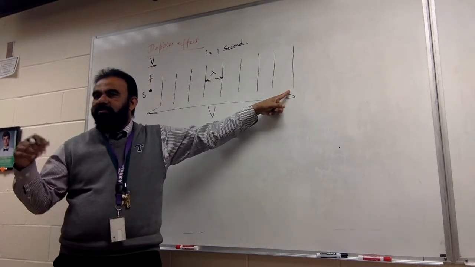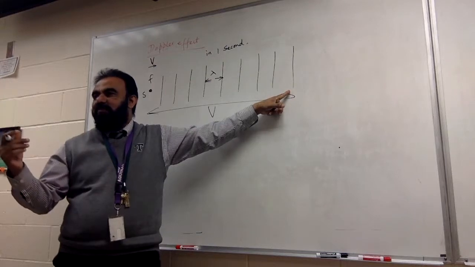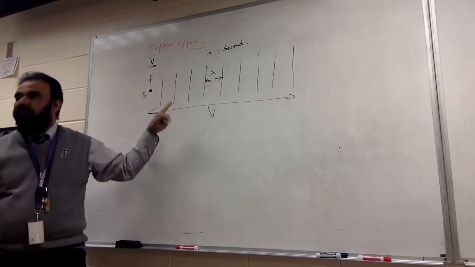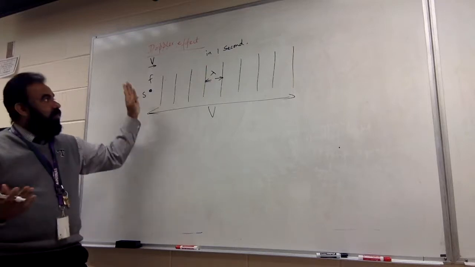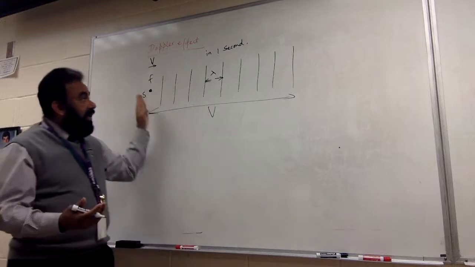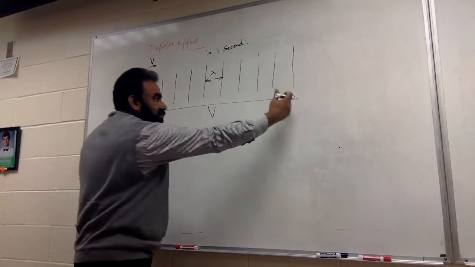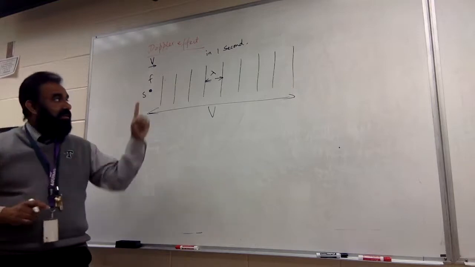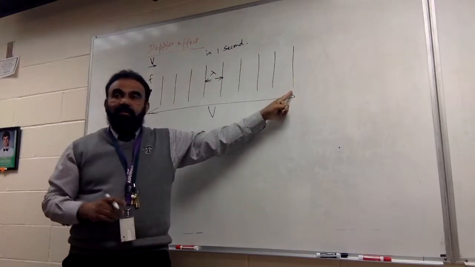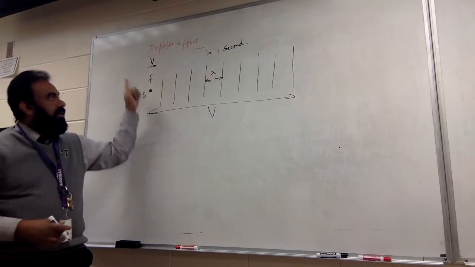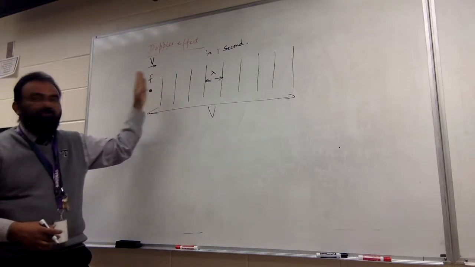And how many waves are from here to here? No, forget about the numbers, I just gave a number as an example. F waves. F is a frequency, right? That means in 1 second, how many waves are generated? F waves. And F waves are accommodated in this distance of V. That makes sense? So in 1 second, the first wave has advanced till here, of V meters, and in that 1 second there are F waves generated.